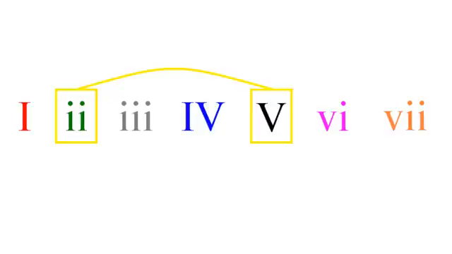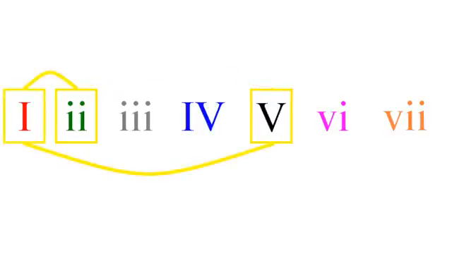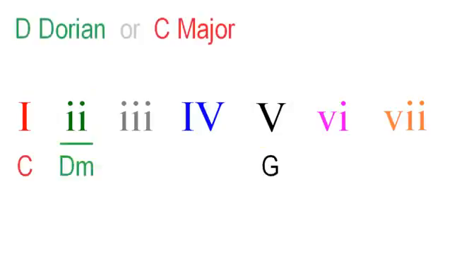Sometimes that 2/5 movement will be extended in the following way, 2-1-5. An example of this can be heard on Alice in Chains' Down in a Hole. Another common Dorian-centered movement is as follows.